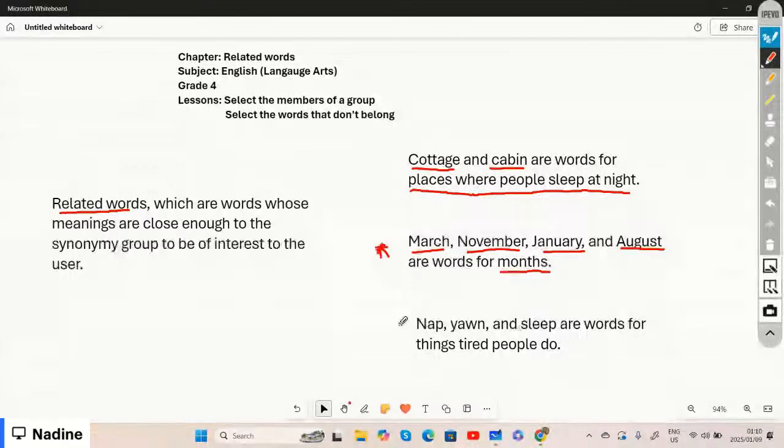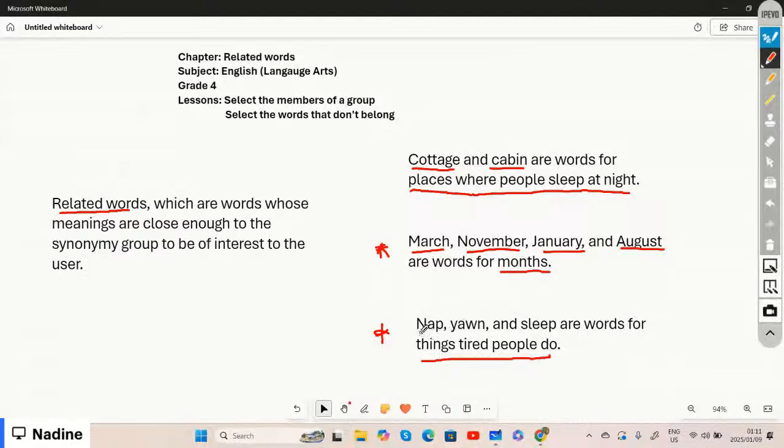And then also, if we look at another example, the group of words for things that tired people do, so if you're tired, what would you do?